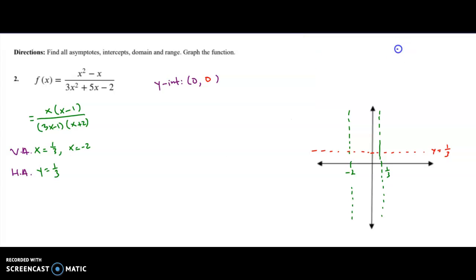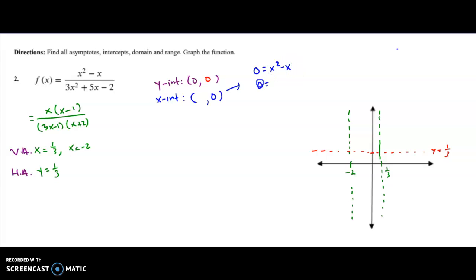Okay. For the x-intercept, we said that means your y is equal to 0, right? And if you recall from a previous example and in the other video, we said we're going to set the numerator equal to 0 to figure out the x-intercepts.